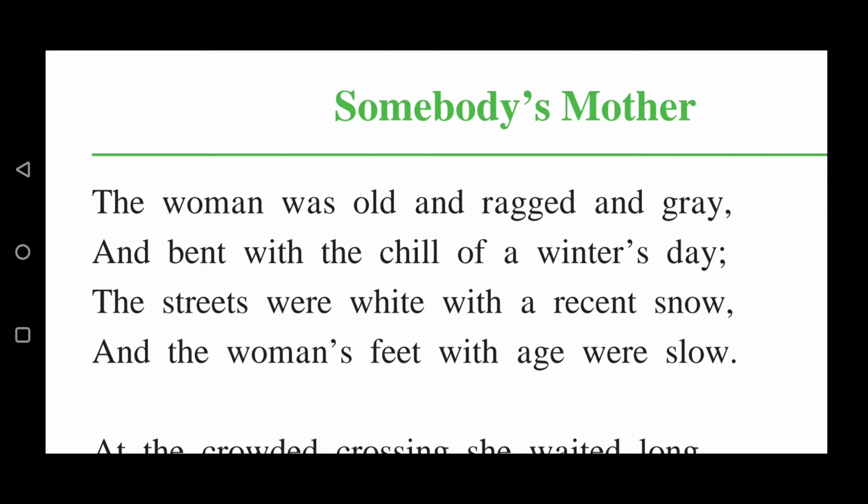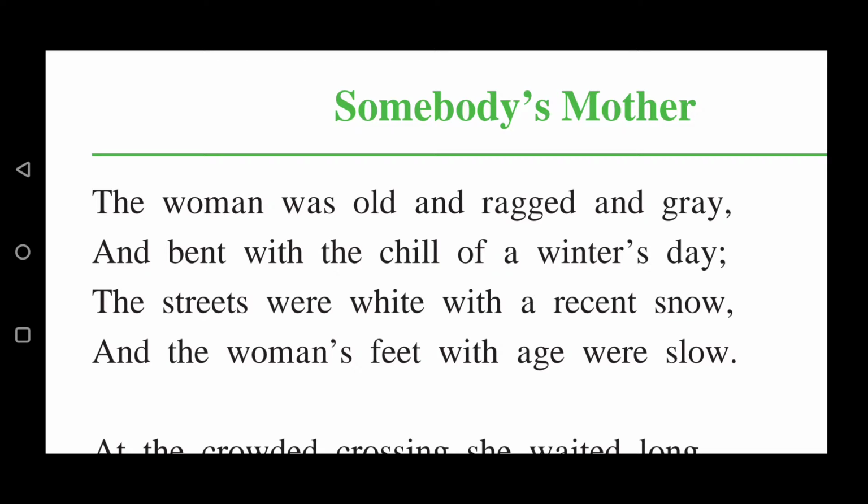The streets were white with the recent snow, that means there has been a snowfall recently and the streets are full of snow, white in color, and the woman's feet with age were slow. Now the streets are white, but this woman's feet were slow, that means because of her old age, she was walking slowly and carefully.